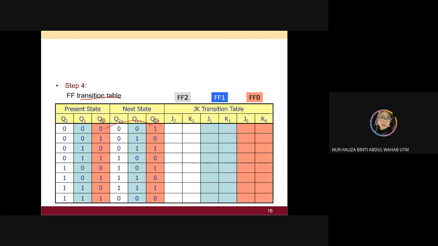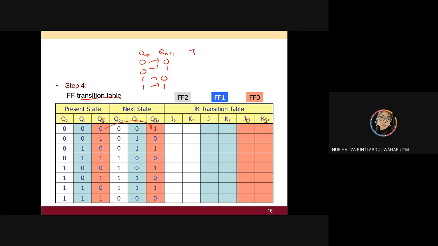From 0 to 1, what happens? So you look at J0, K0. I also forgot what the JK is. If you have Qn to Qn+1: 0 to 0, 0 to 1, 1 to 0, 1 to 1.